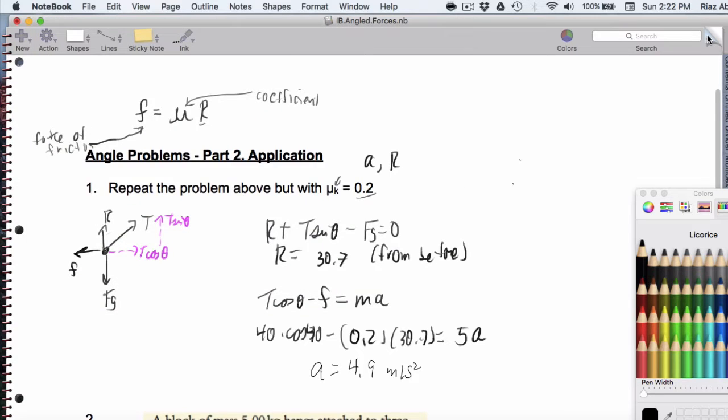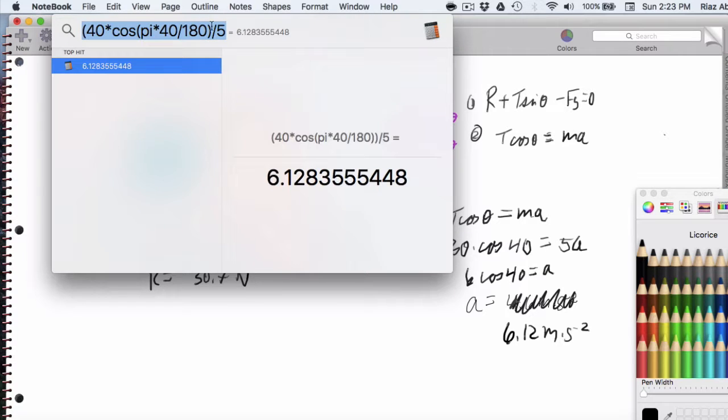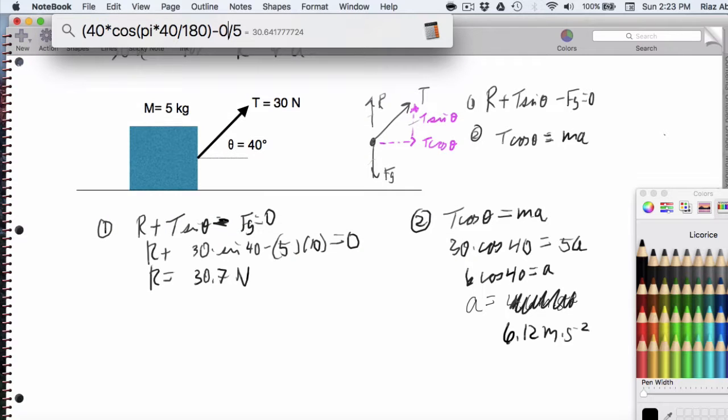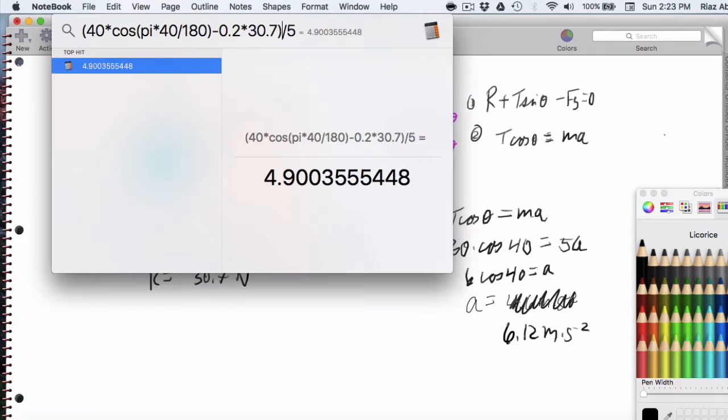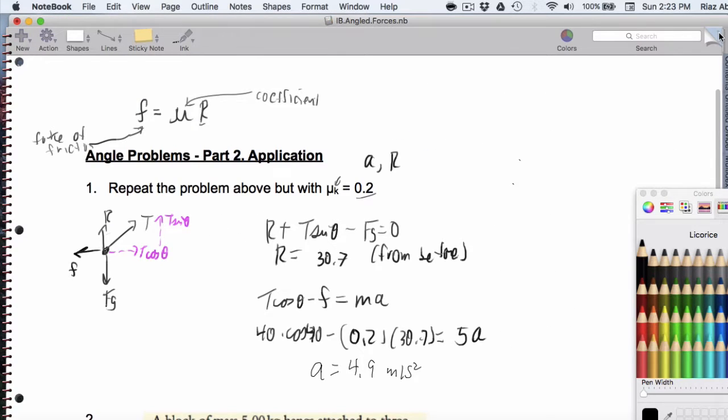On this page, sorry, I had my acceleration wrong. This is 6.12 meters per second squared. And then when we subtract off the friction force and we divide, we end up getting 4.9 on this page here.